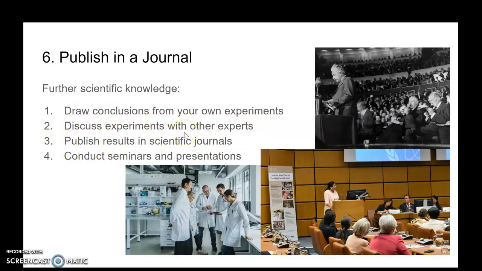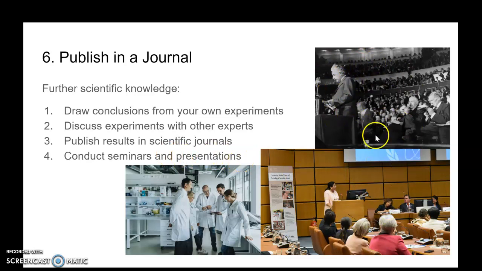You'll always see multiple authors on a particular journal article, even from different universities or different research institutions. They'll work together at a distance, with different parts of the article. Then they'll publish the results in scientific journals, and finally they will conduct seminars and presentations at scientific conferences.